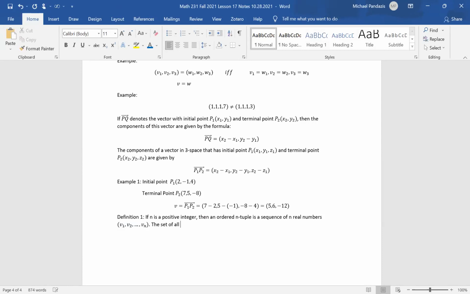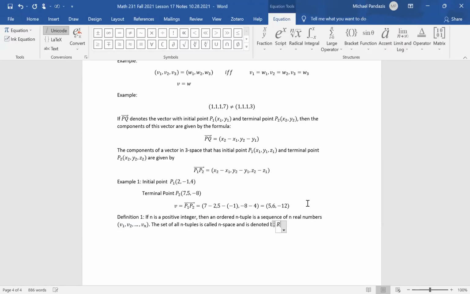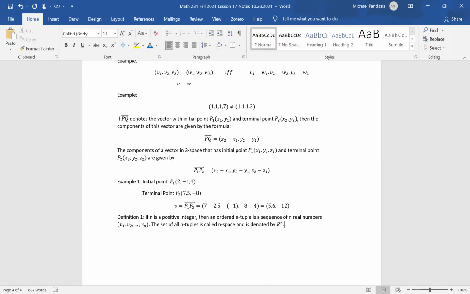The set of all n-tuples is called n-space and is denoted by R superscript n. So if n is a positive integer, an ordered n-tuple is a sequence of n real numbers v1 to vn.